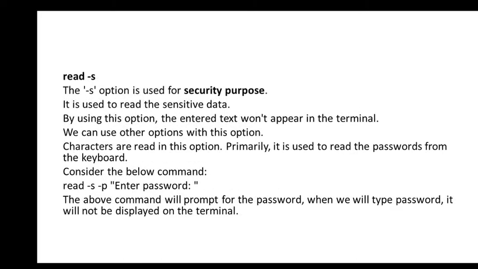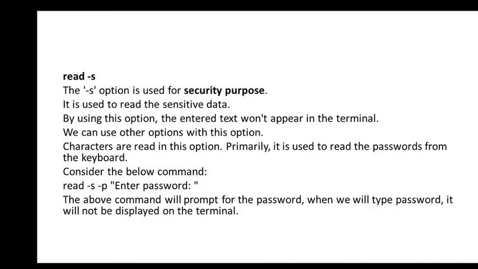The next option is read -s. This -s option is used for security purposes. This is used to read sensitive data. By using this option, the entered text won't appear in the terminal. We can use other options with this option. Primarily, it is used to read passwords from the keyboard.